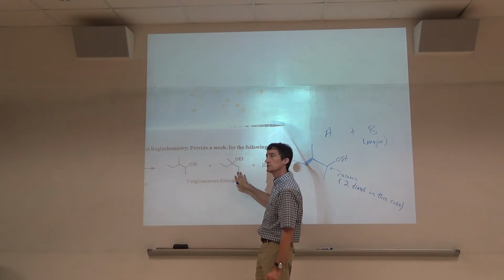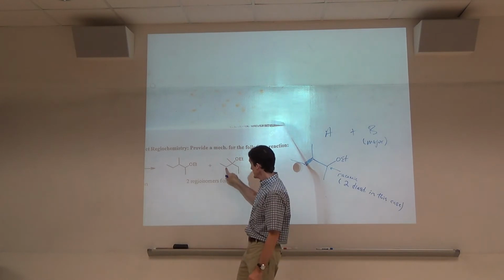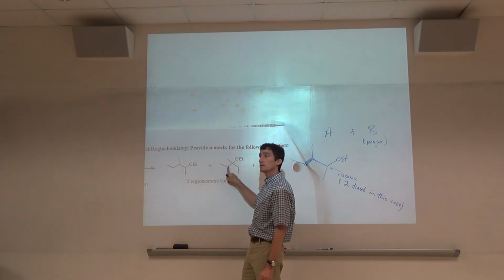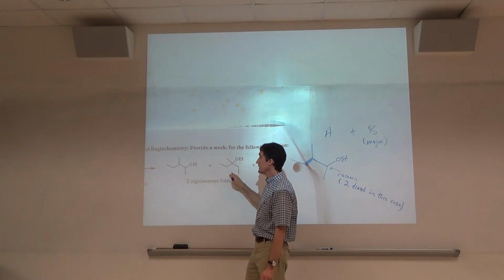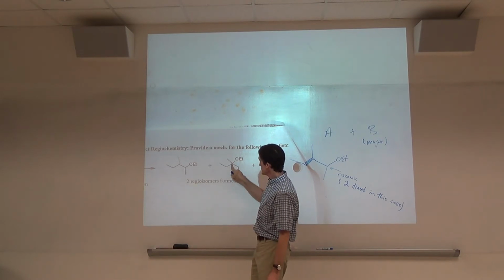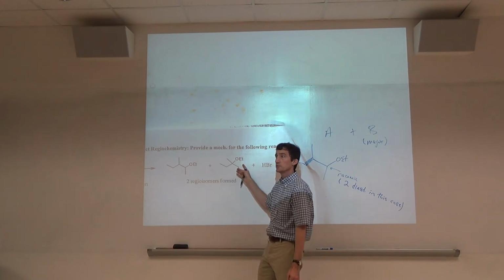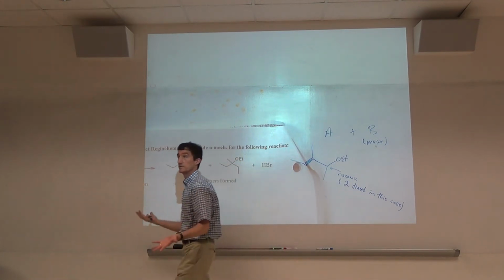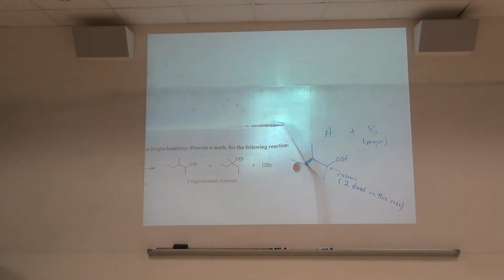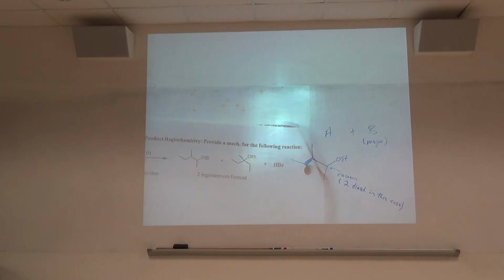Is there a chiral carbon? No, so it doesn't matter. Yes, that's tetrahedral and one H is forward and one H is back. You don't need to show that. It's your choice, whatever you like to do. There's only one possible arrangement, so you don't really need to show it. But it is tetrahedral.